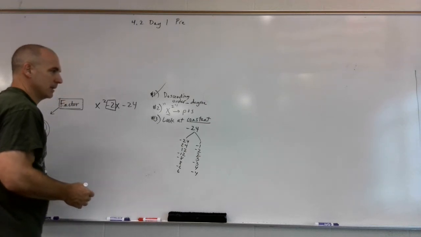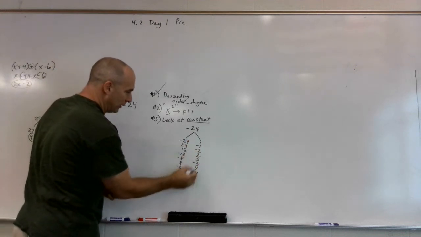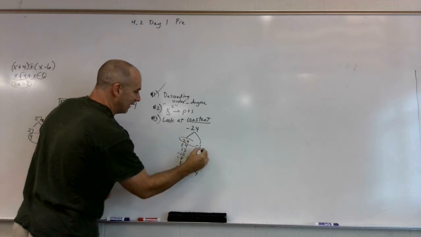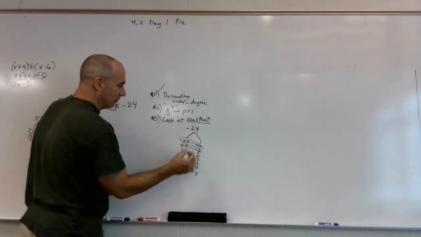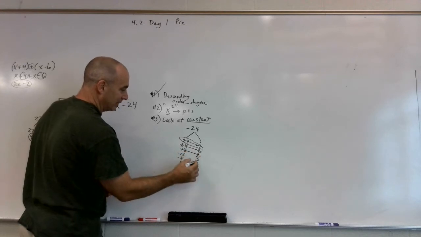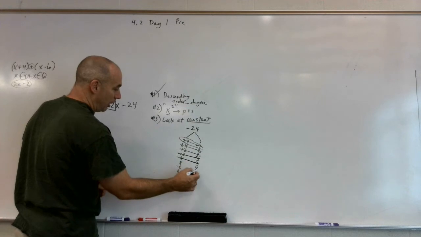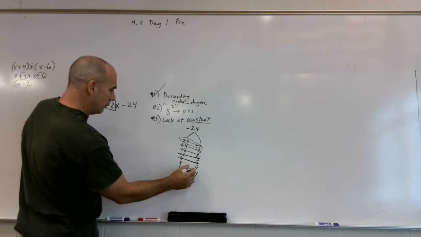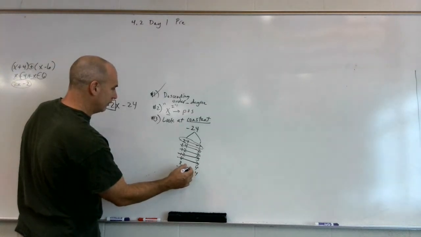I think that's it. Okay, so now I'm trying to figure out which one of these adds up to negative 2. Well, you can see that this adds up to negative 23, so that's gone. This adds up to positive 10, that's gone. Oh, I got off base there.